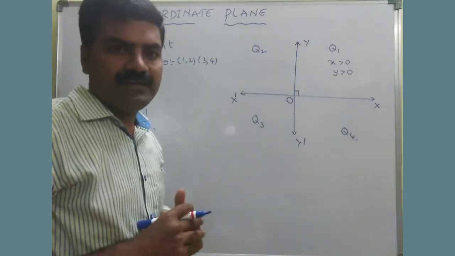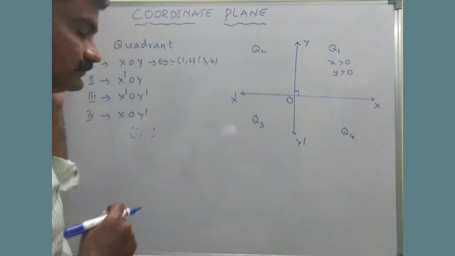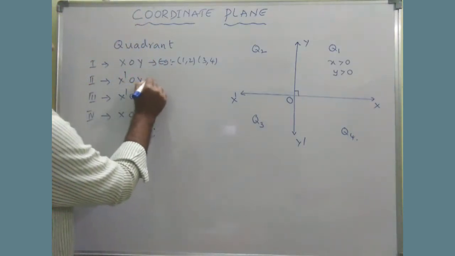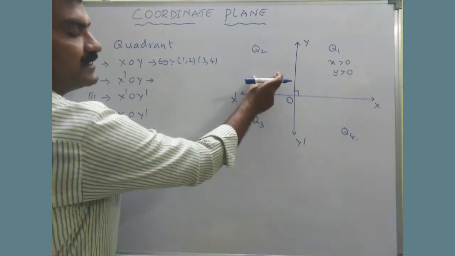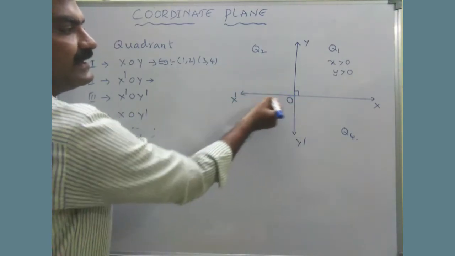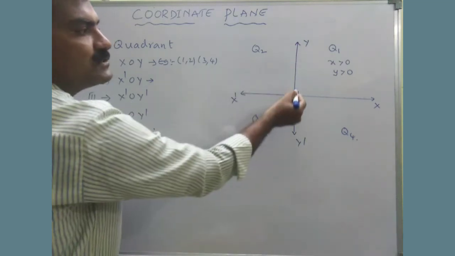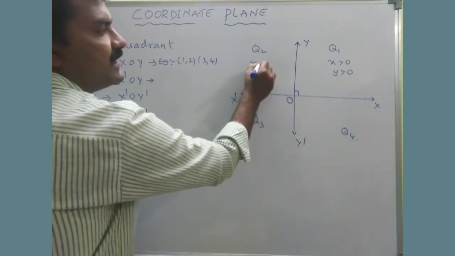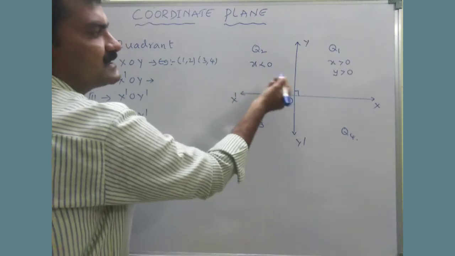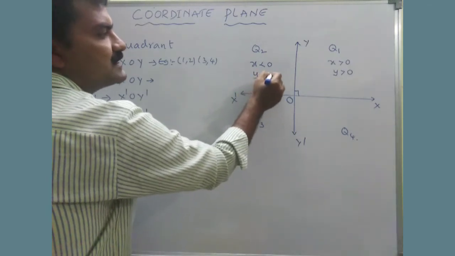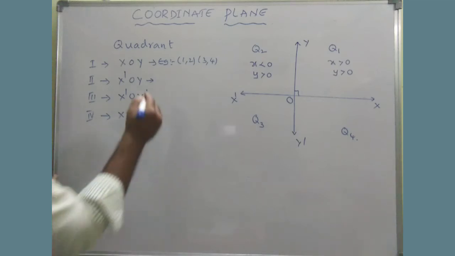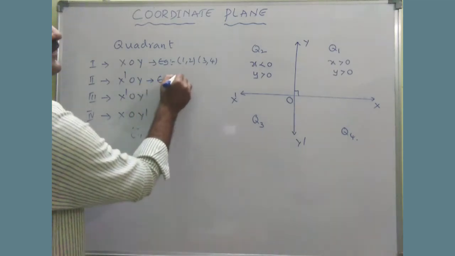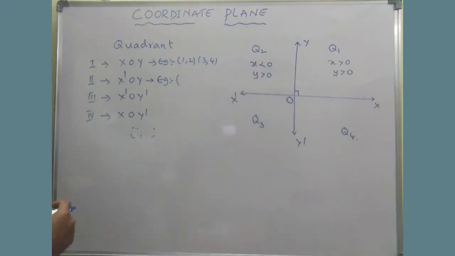Similarly, if a point should lie in the second quadrant, then the condition, look at this one, this region contains the negative x-axis and positive y-axis. That means x must be negative, less than 0, and y must be positive, greater than 0. Can you give some examples of a point which belongs to the second quadrant?